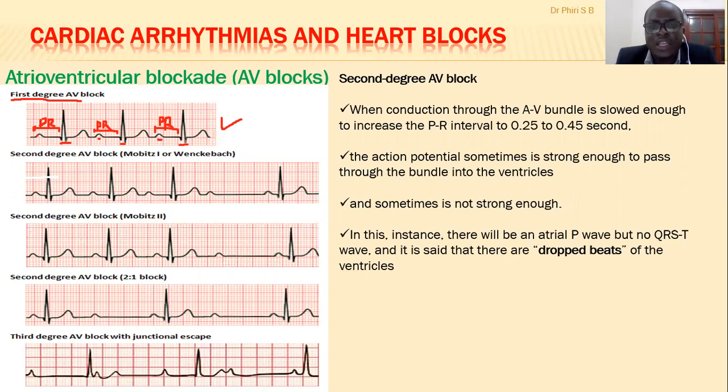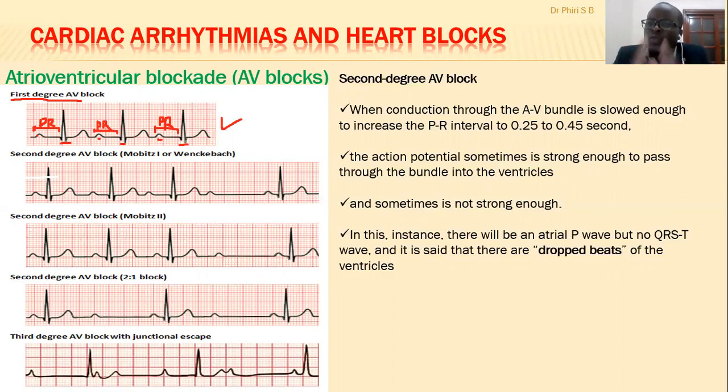In the second degree AV block, you have different types, but in general, conduction through the AV node is slowed enough to increase the PR interval to between 0.25 and 0.45 seconds. So we say that when the PR interval is greater than 0.2 seconds, then you have prolongation. If that prolongation is consistent from one beat to another beat, then you have first degree AV block.